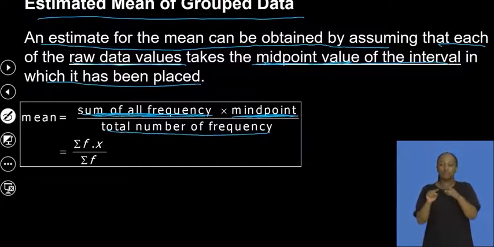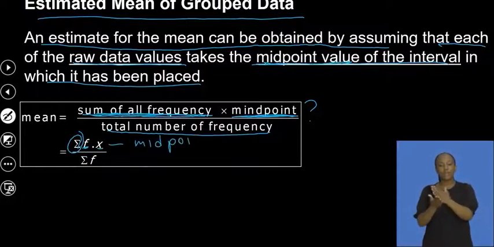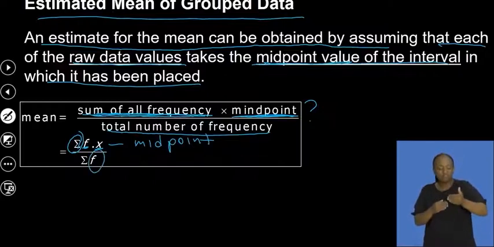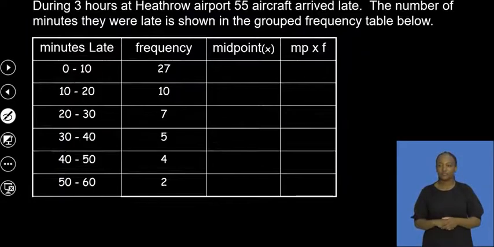Then mathematically, this is in words, that's the meaning of the mean. This is sigma, it just means sum of frequency times x. This x is the midpoint of an interval, and this is the frequency. And sigma means total.